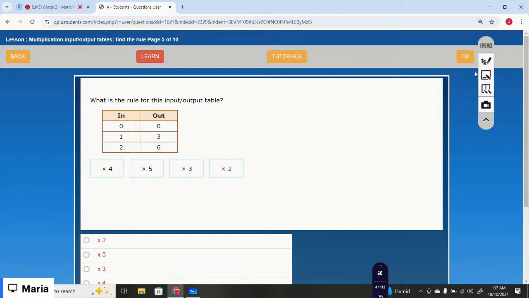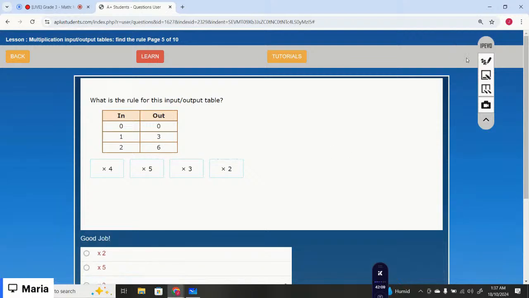Which is the correct option? Yes, again you have to multiply by 3.